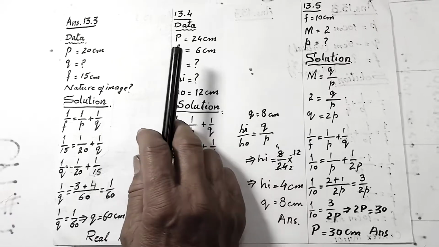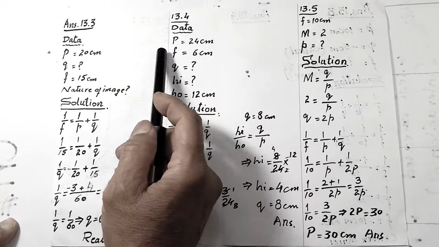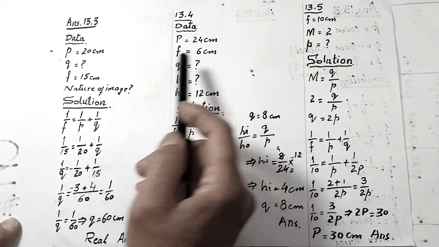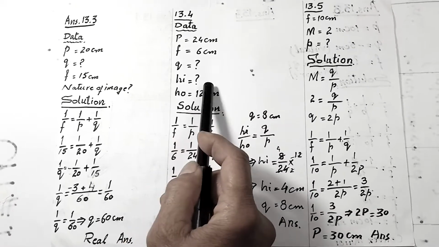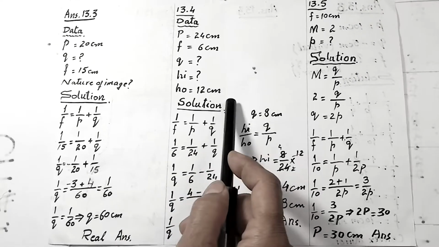Next, numerical number 4, 13.4. Its data is P is equal to 24 centimeter, F is equal to 6 centimeter, Q you have to find out, and the height of the image also has to be found. Height of the object is 12 centimeter.